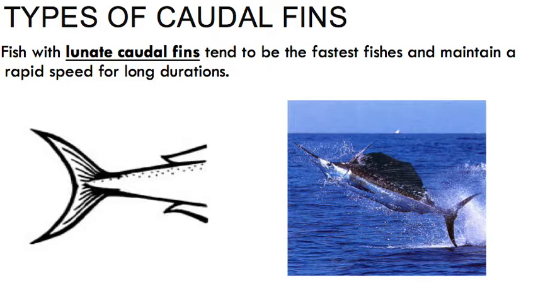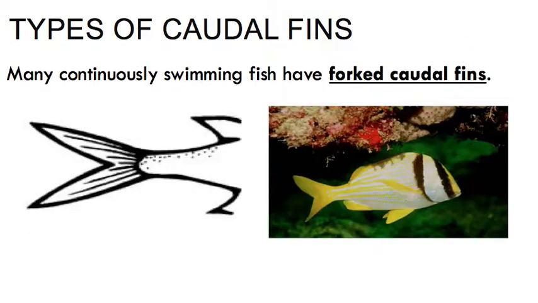The next is a lunate caudal fin, which tends to be found on very fast swimming fishes and helps them maintain rapid speed for long durations. And that's what it looks like on fish. Then there's a forked caudal fin, and these are generally found on continuously swimming fish. And so you can tell there's a very distinct separation between the two lobes.